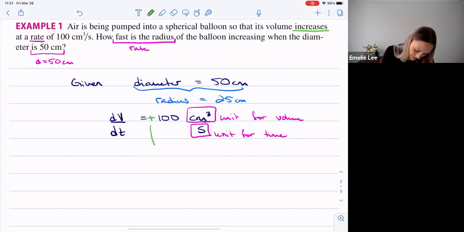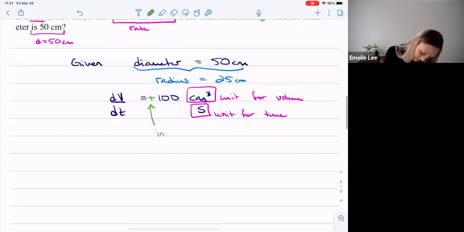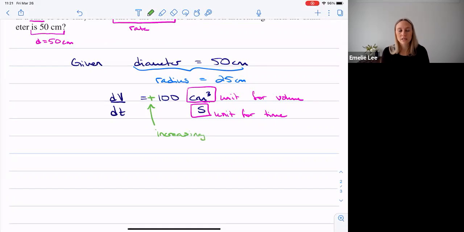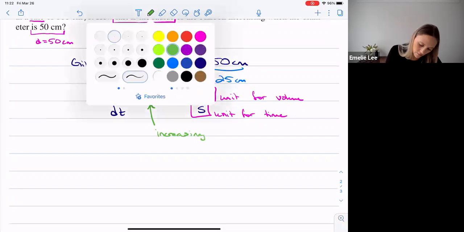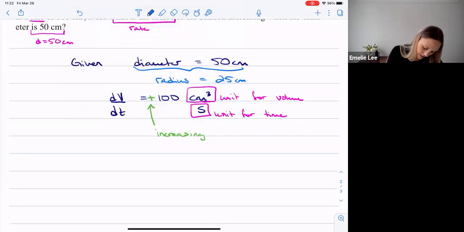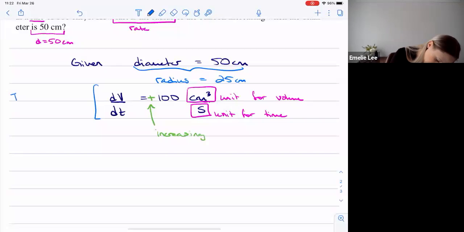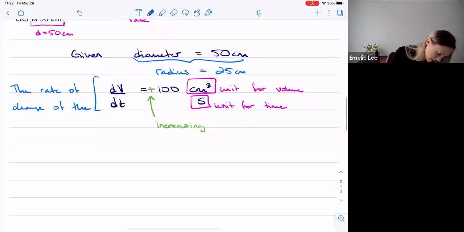So here it's increasing, so we use a positive. We need to think about that as well. Is this increasing or decreasing? And so this is the rate of change of the volume with respect to time.